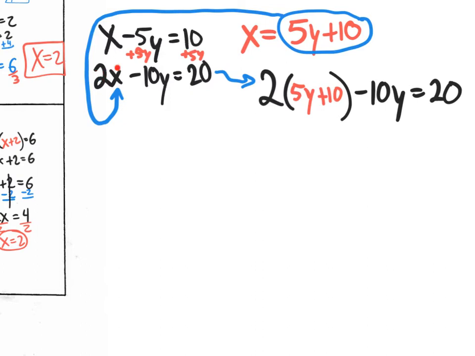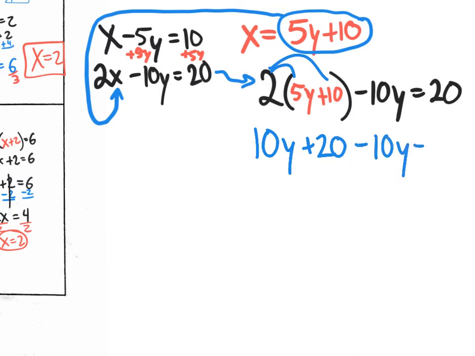Right? I rewrote 2x minus 10y equals 20, but instead of x, I put the parentheses and plugged in the x value right in there. Now we're going to distribute and combine like terms. When I distribute, 2 times 5y is 10y, 2 times 10 is 20. Bring down the minus 10y, bring down the equal and the 20.